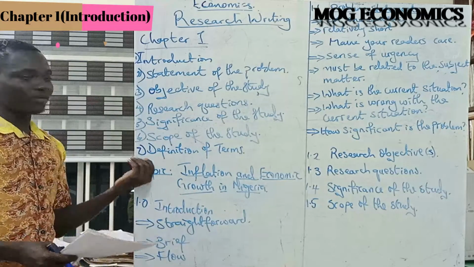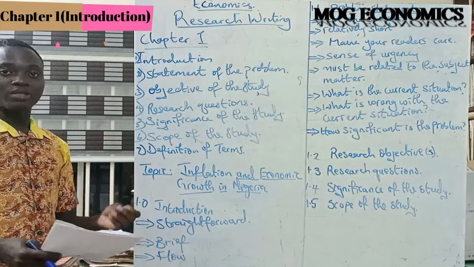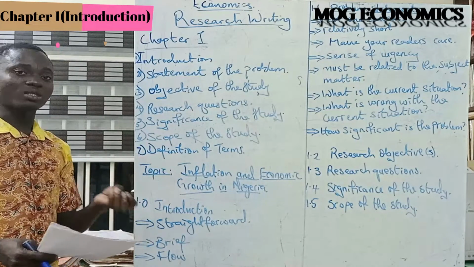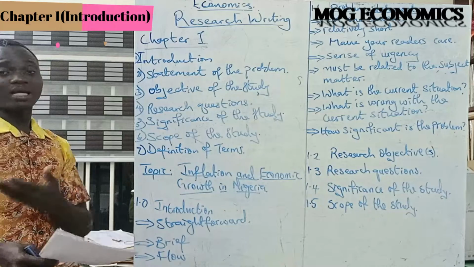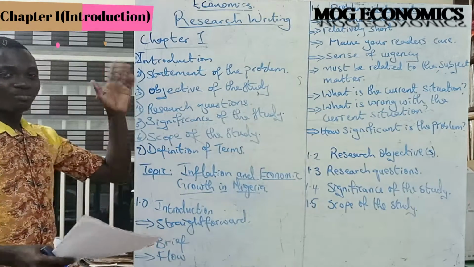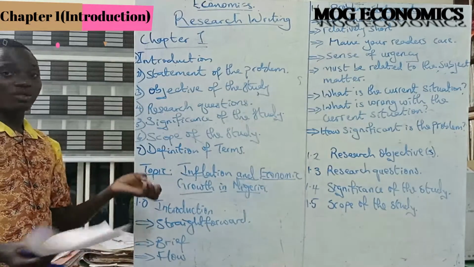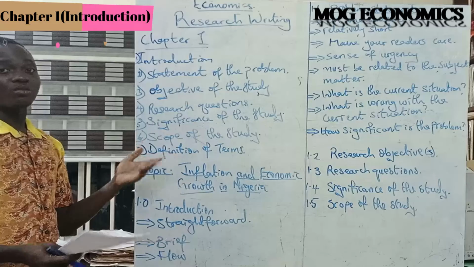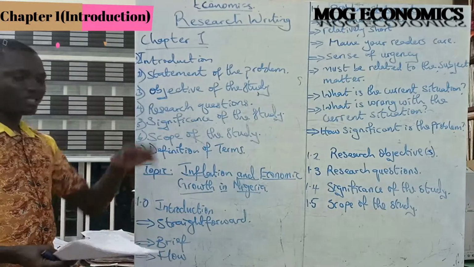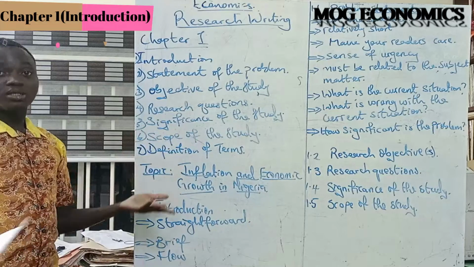For this definition of terms, some universities or departments may have it under conceptual review, under literature review in chapter 3. And it may not really be like this as well. For example, some supervisors may not really care about the research questions, while some may care about them. It is just great for you to know what these things are, just in case.